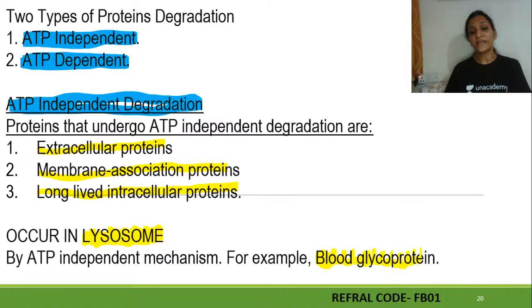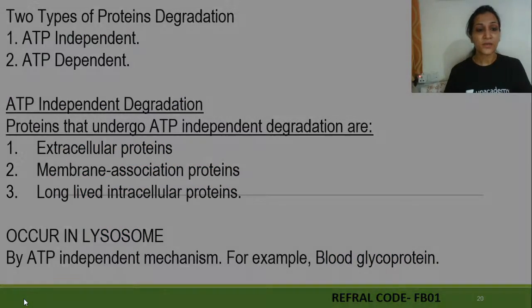It undergoes ATP independent degradation in the lysosome, and it is a kind of extracellular protein. It is membrane associated and it is a long-lived intracellular protein. It is required for a very long duration inside the cell, right? So we have seen ATP independent degradation.